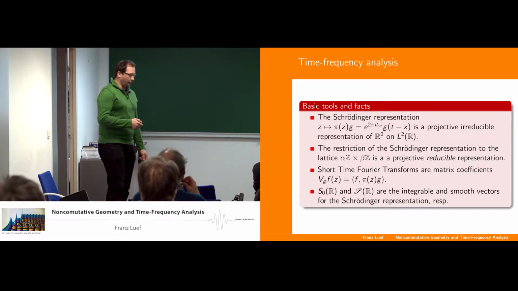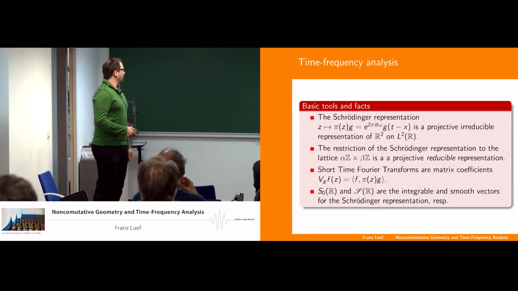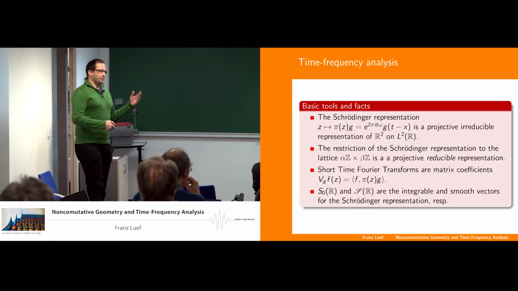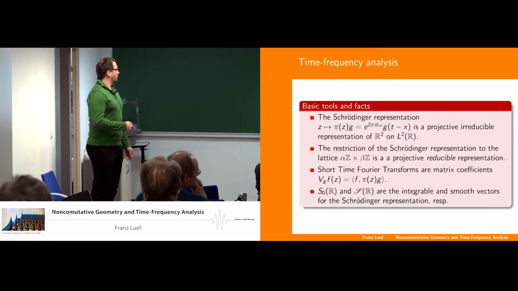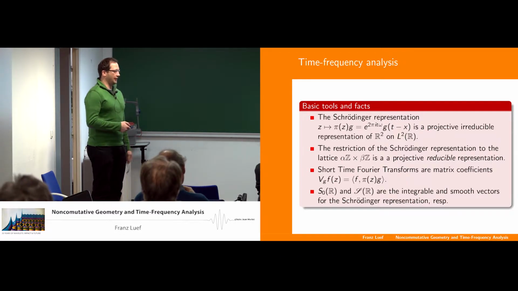So what are the key tools for doing time-frequency analysis? You have the Schrödinger representation, and for the continuous case you use that it's a projective irreducible representation. Projective means every time that you compose things, you end up with an extra phase factor, which is really important, as we will see later.